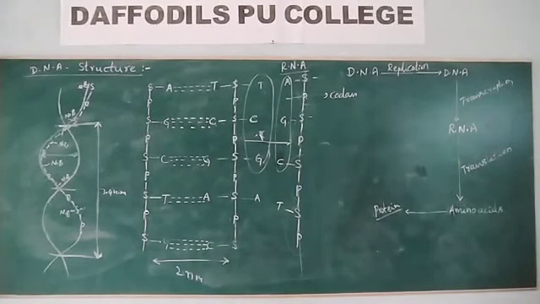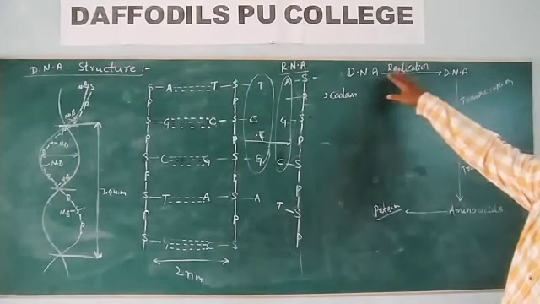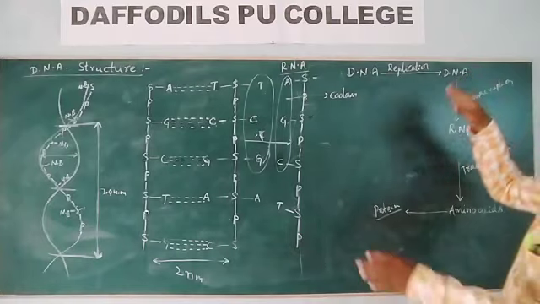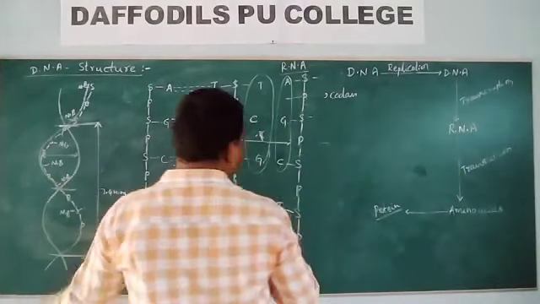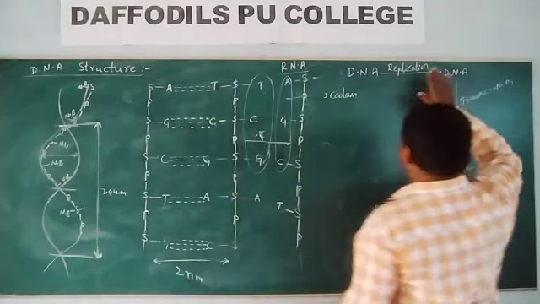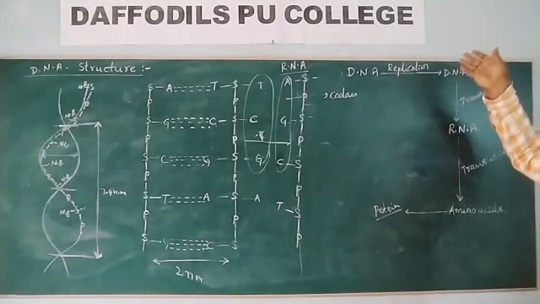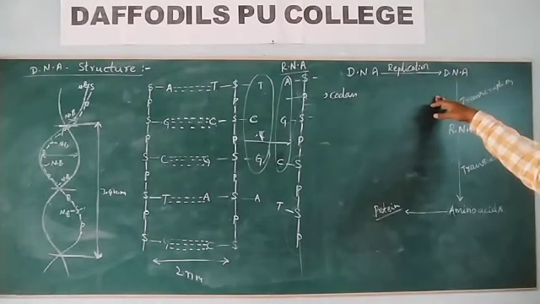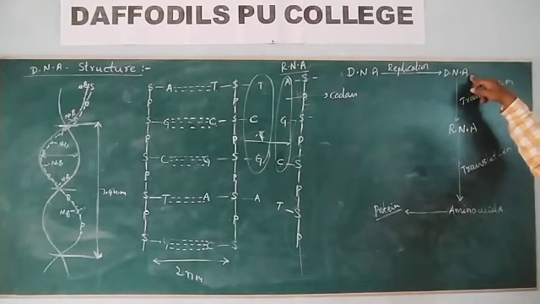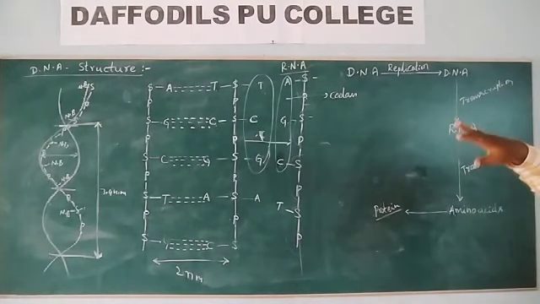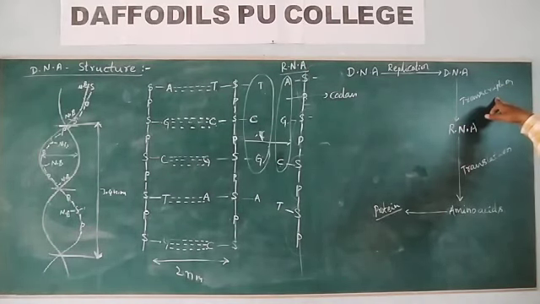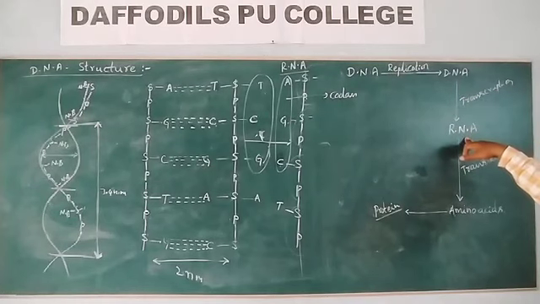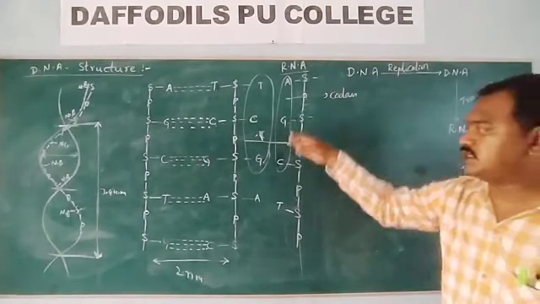So first what happens? The DNA uncoils and all those things, which is known as replication. It forms a duplicated DNA. This DNA information is transcribed into an RNA in the form of nitrogen bases.